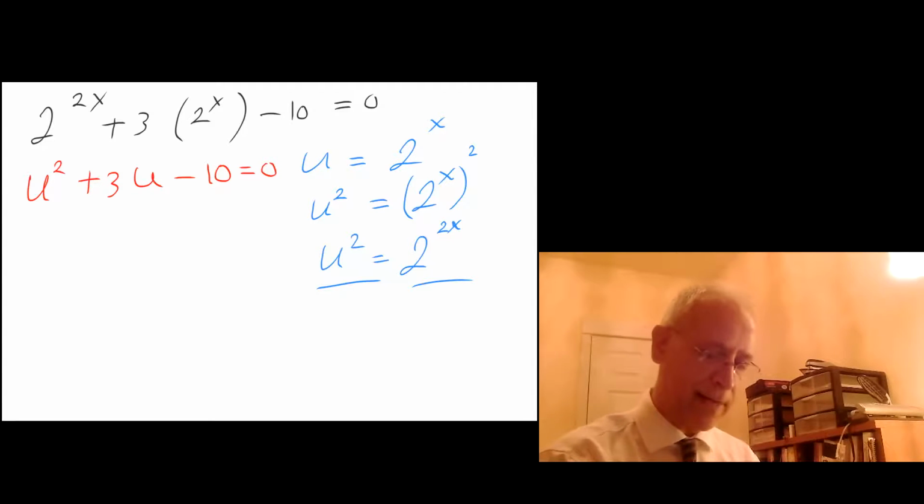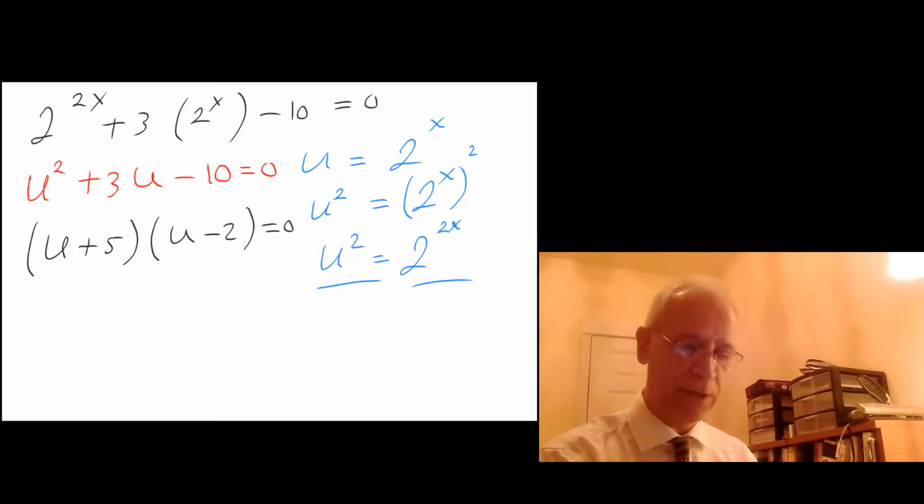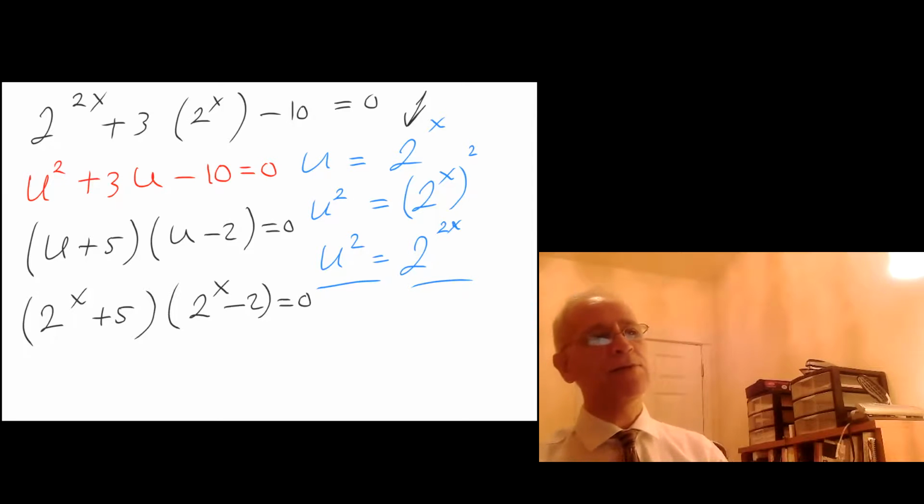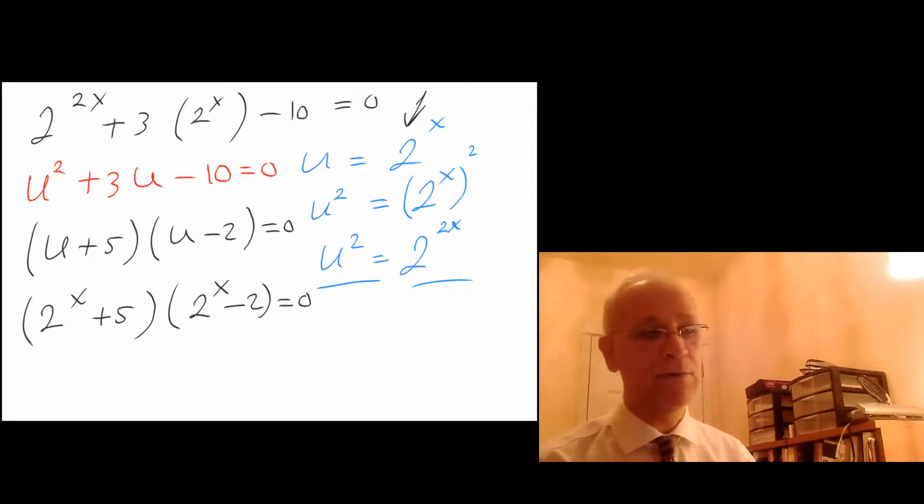And that factors to u plus 5, u minus 2 equals 0. Remembering that u was in fact 2 to the power of x, we get 2 to the x plus 5, 2 to the x minus 2 equals 0. So notice that if you are not very well practiced with your factoring, you still can use a substitution.